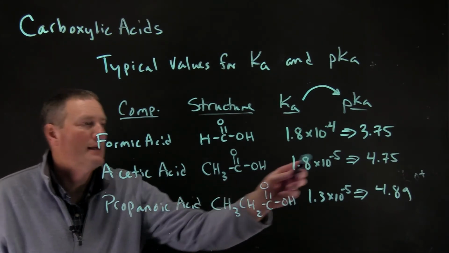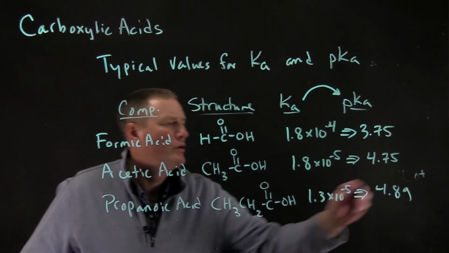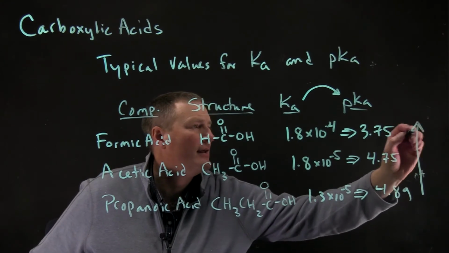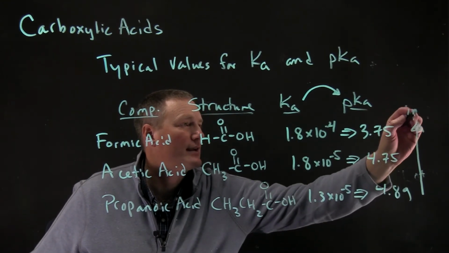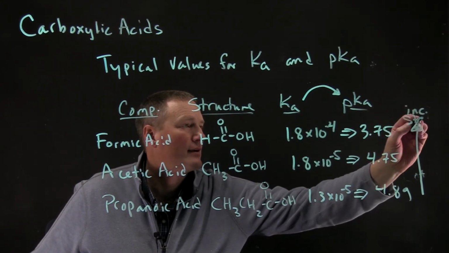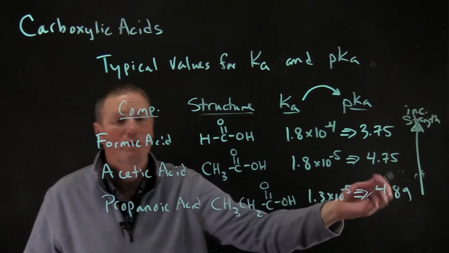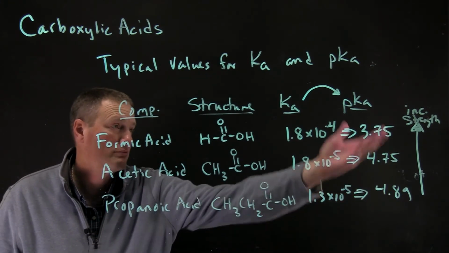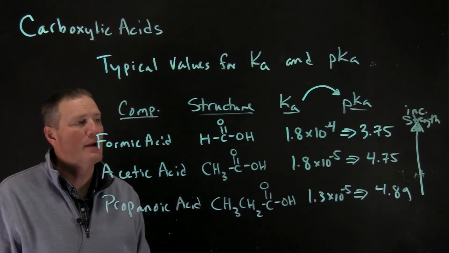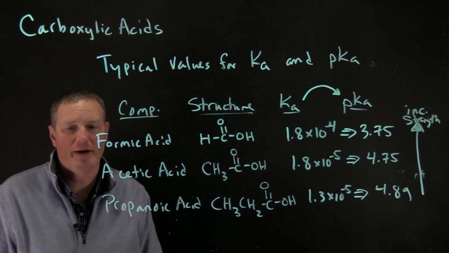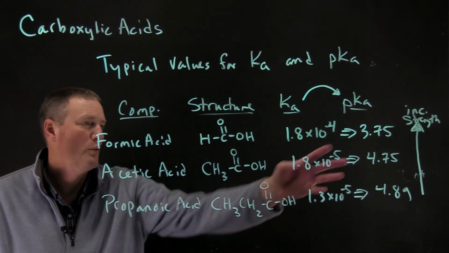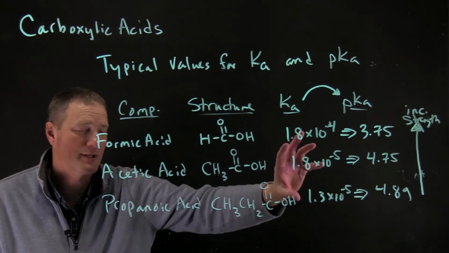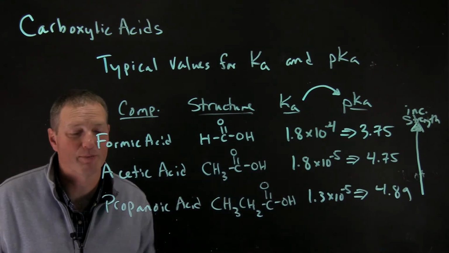So we have a trend in this series of increasing strength as we go from the bottom to the top, for Ka values and also for our pKa values. So we can make the following conclusion. Let's not worry too much about the Kas. Let's look at the pKas.